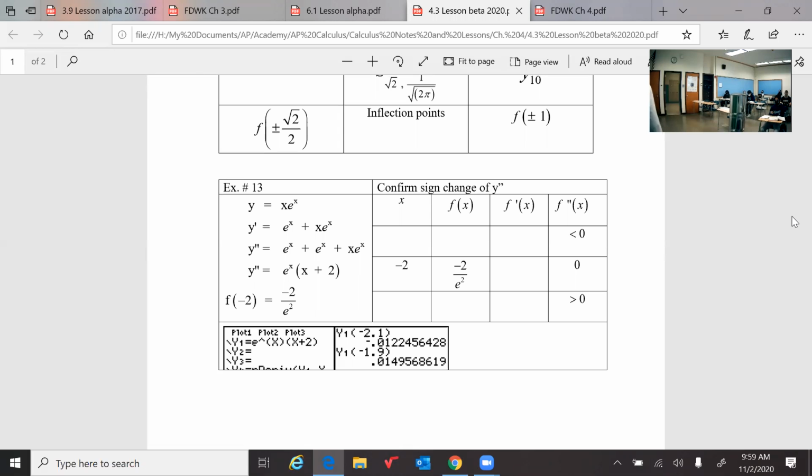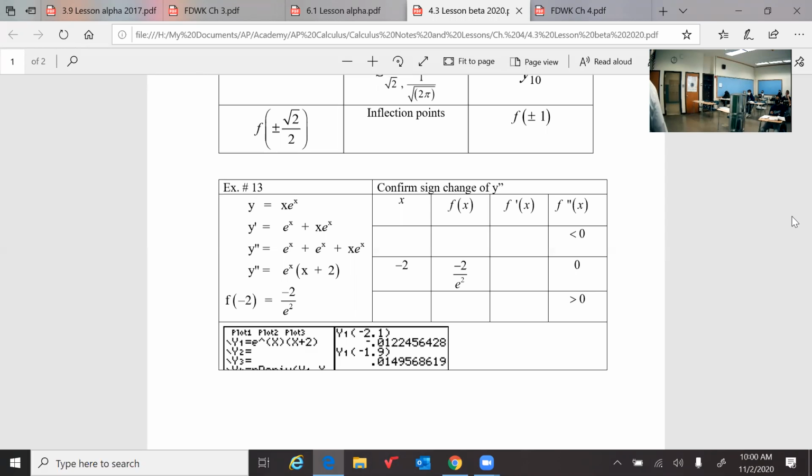So what happens? At -2, the second derivative is 0. At -2, the function is this. So in my table, at -2, the second derivative is 0. There is a confirmation of sign change, so you have a point of inflection.